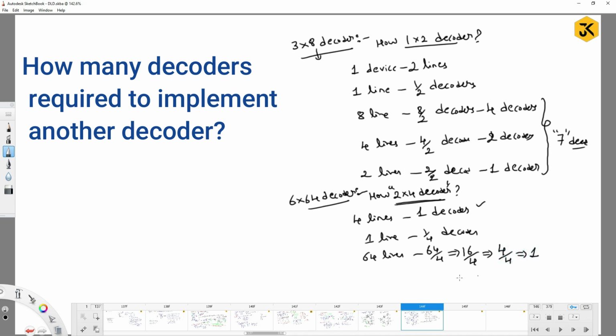So in total how many decoders are required here? 21 decoders are required. And how many levels are there? 3 levels, right? So this is level 1, level 2 and level 3. At level 1 we are going to have 1 decoder, at level 2 we are going to have 4 decoders, and at level 3 we are going to have 16 decoders, right? So this is what we did.